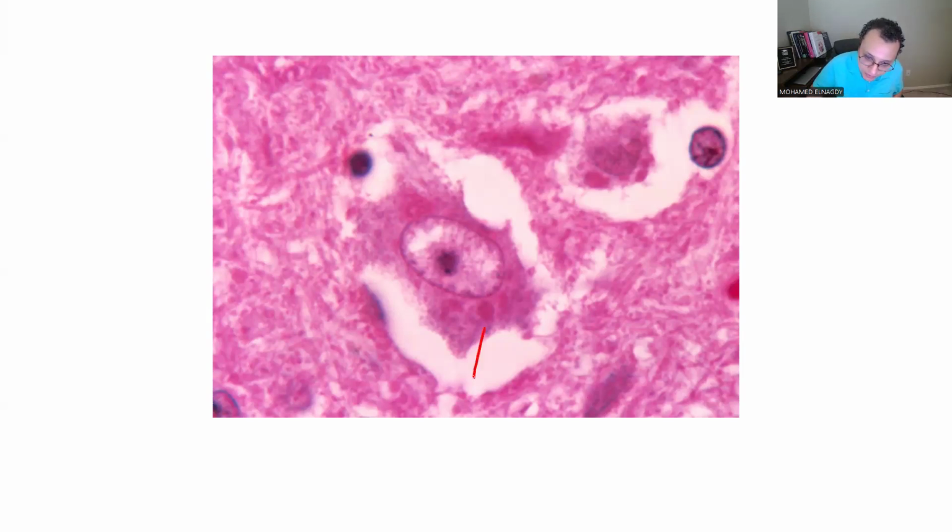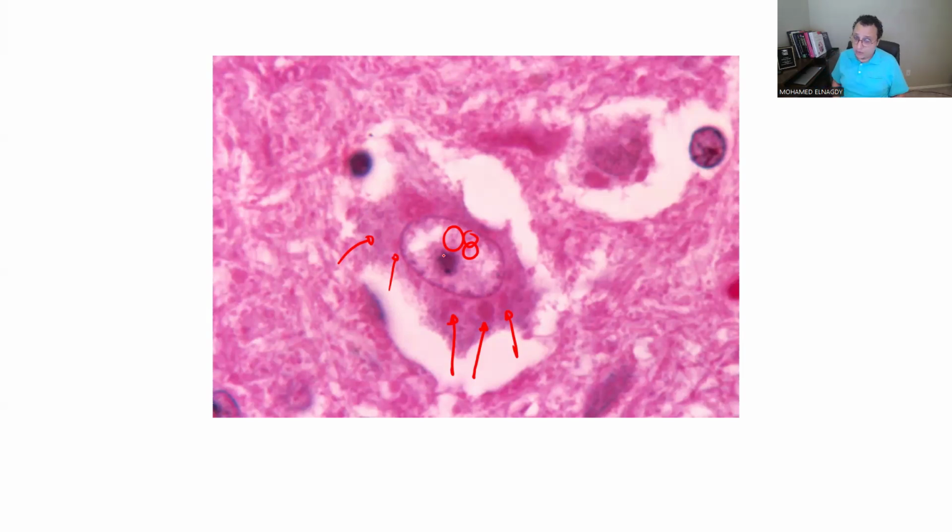Can you see these red spots in the cytoplasm? What are these? They are also in the nucleus, by the way. There are also some nuclear inclusions here. So this means that we're dealing with a virus, maybe. But what kind of virus leads to these red spots or red inclusions?